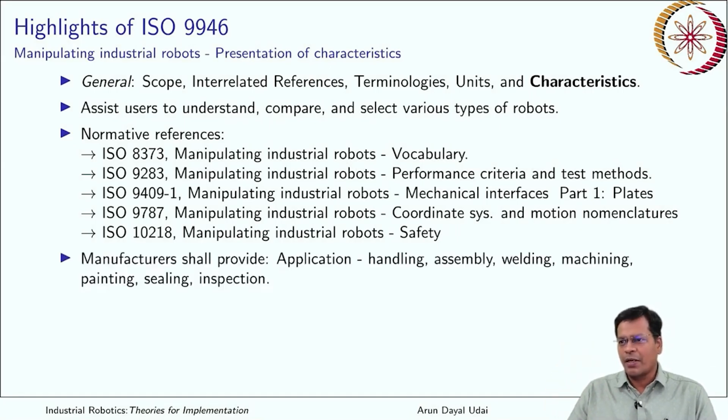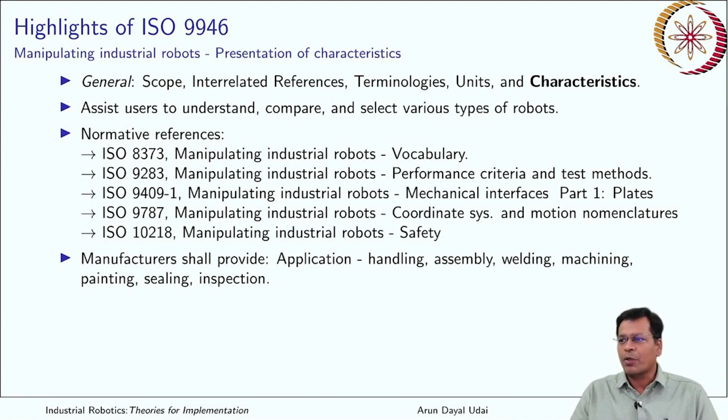Manufacturers are bound to provide this if they are selling a robot. If they have to sell this robot on the international platform, definitely they shall provide all this. They have to qualify ISO 9946, which says they have to provide the application: what is the intention, why have you made this robot, where have you planned this robot to go? Let's say, is this robot fit for painting, welding, assembly?